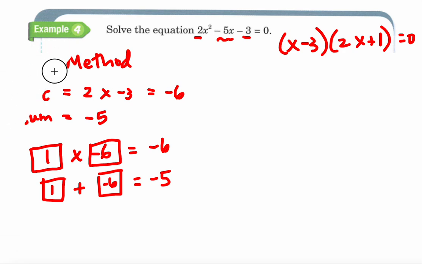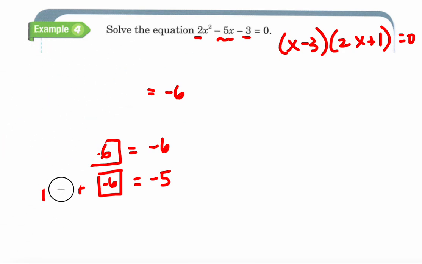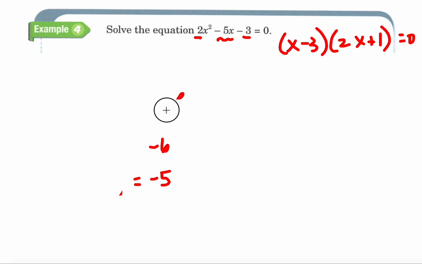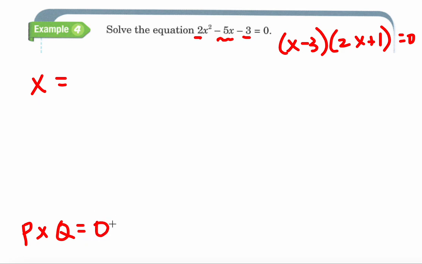We actually have to solve for the roots. Remember the roots: now you're going to be able to figure out the solution. You'll get an actual value for x because it's being set equal to 0. And remember our rule from before: if we have two numbers multiplied together to get 0, one of them just has to be 0.